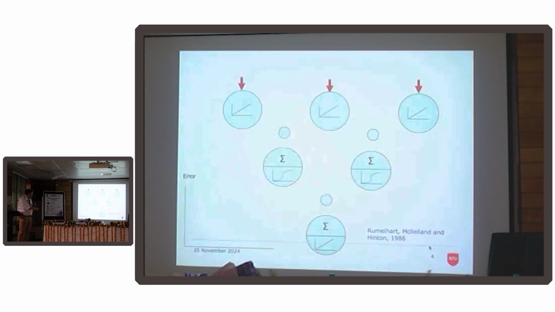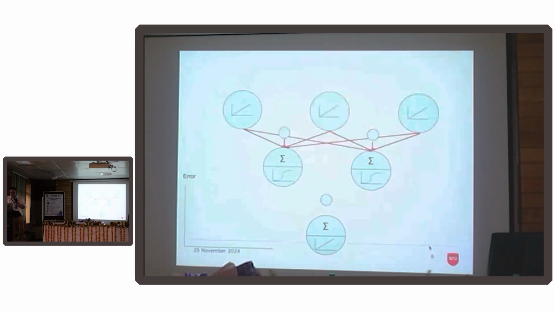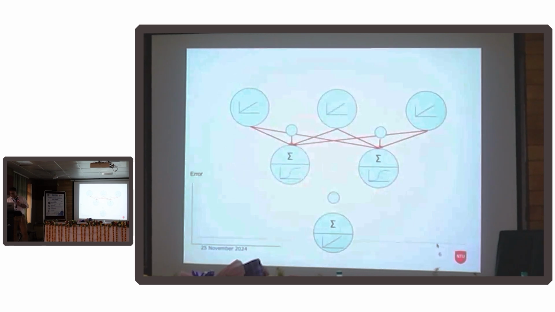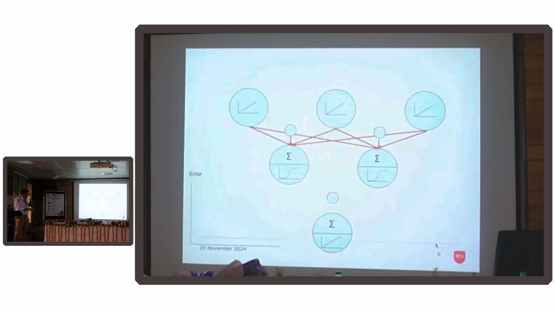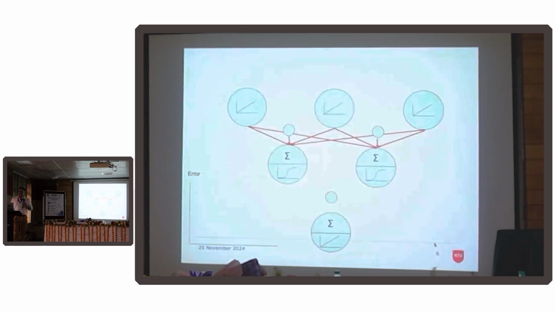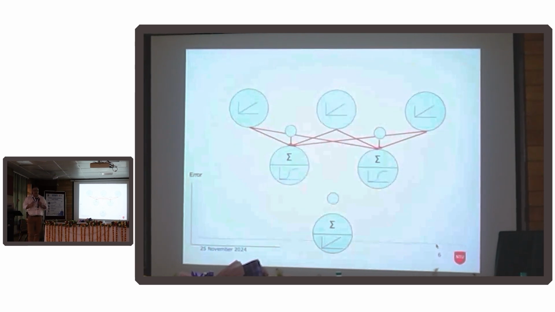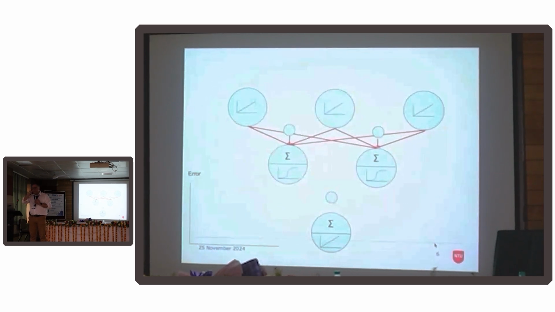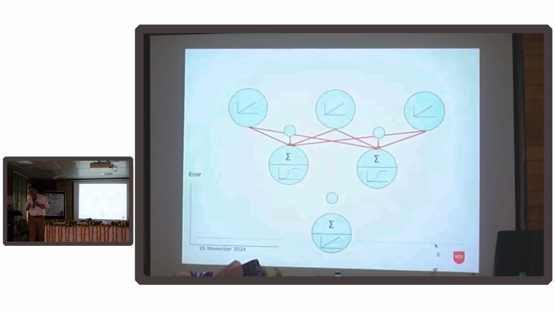The inputs are fed in. They are scaled. They are passed through the weights, which are randomized initially. And then those values are summed. So input 1 times weight 1, plus input 2 times weight 2, plus input 3 times weight 3.